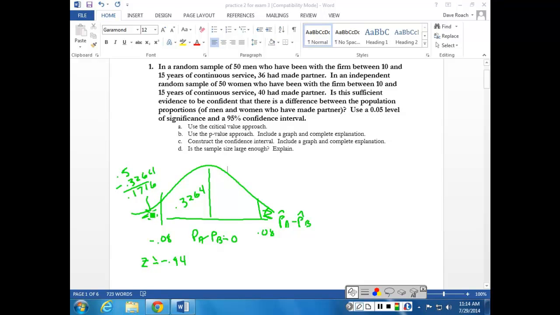That's this area. But we have another 0.1716 over here. So on a two-tailed test, make sure you double that up. And so our total p-value is going to be 0.3432. That's just 0.1716 plus 0.1716.